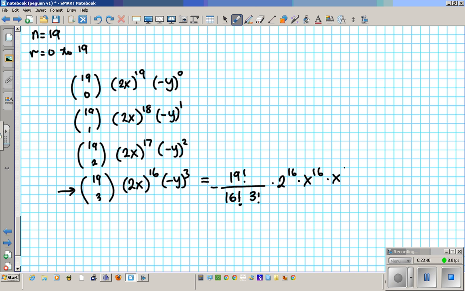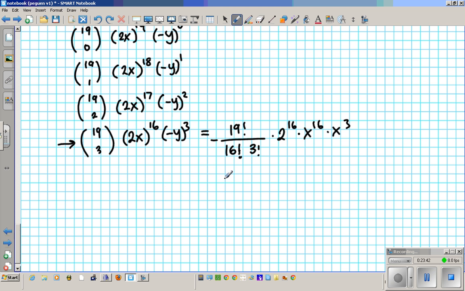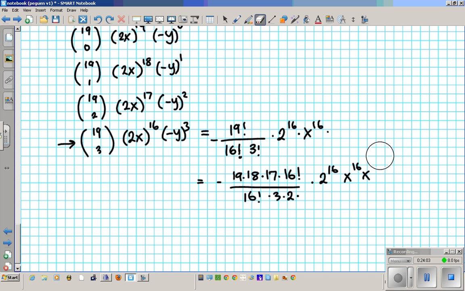So if I work this out, we're going to have negative 19 times 18 times 17 times 16 factorial, divided by 16 factorial, times 3 times 2, and then times 2 to the 16. I don't want to do that, let the calculator do that. x to the 16, y to the third.